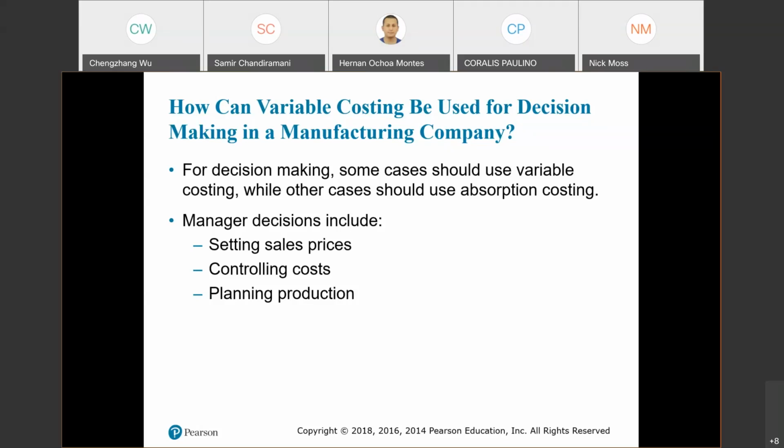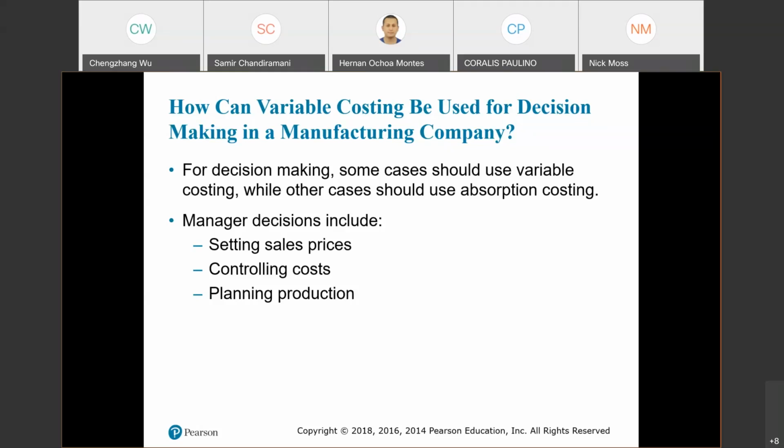But in the long run, all costs are controllable. Well, let's see. After 5 years, the company can renegotiate the lease, rent another building, or buy a building.